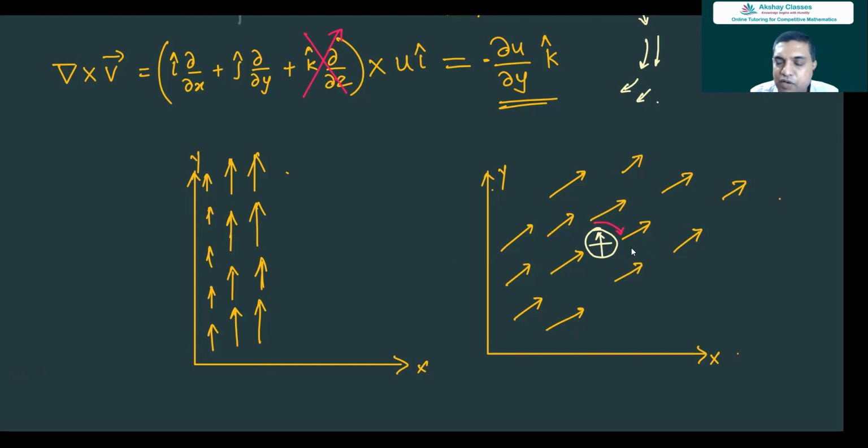That means if you move along X and move along Y, the gradient forms a vector and the gradient rotates. So it is an indication that if I move in this region, there is a rotational effect.